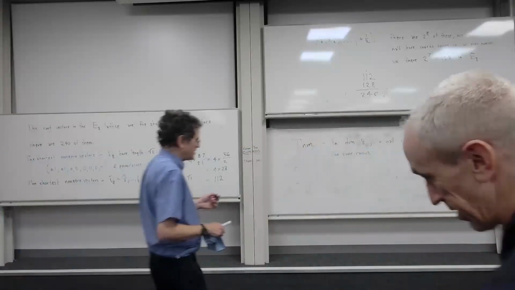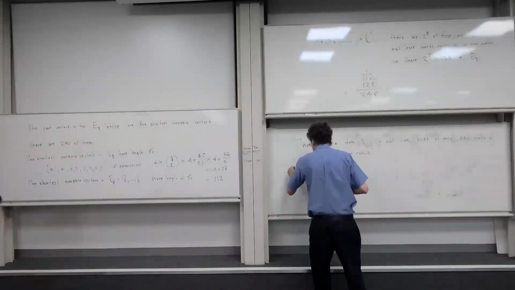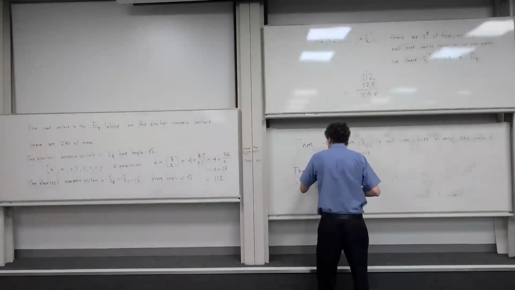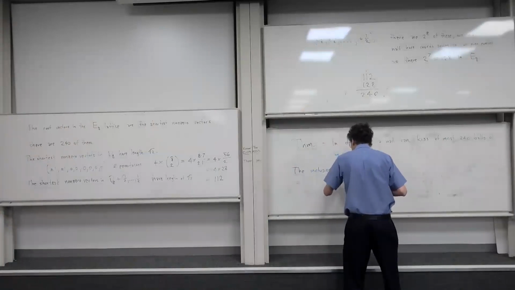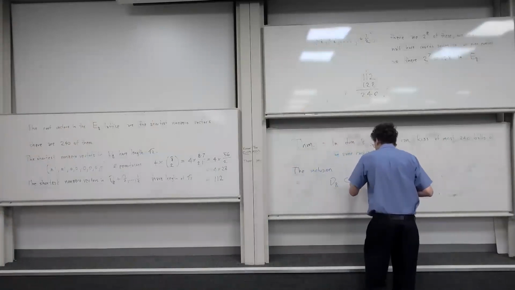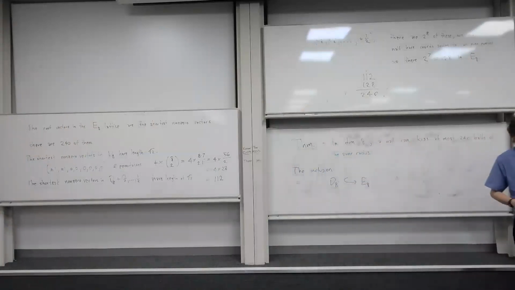Okay. So we get a lot of other fun from this stuff. One thing we've seen is that the D8 root lattice is included in the E8 root lattice.